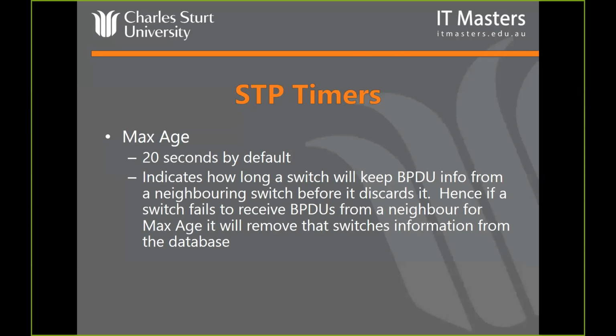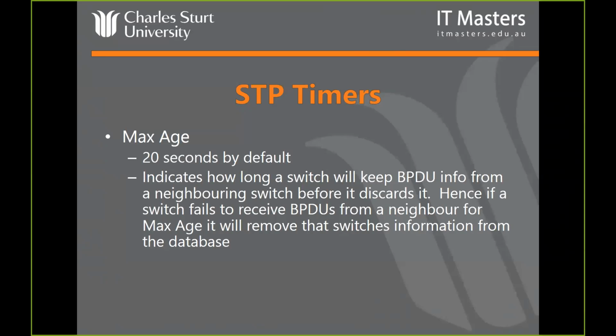Hence, when we talk about spanning tree transition time, we always say it takes between 30 and 50 seconds before a link will become active in regular spanning tree. The reason it's 30 to 50 is because of this max age timer. If it's related to pulling a link out of a switch or a redundant link out, or if something goes wrong and it doesn't get BPDUs for 20 seconds, it's got to wait that 20 seconds before it ages that information out and then starts going through the process again.